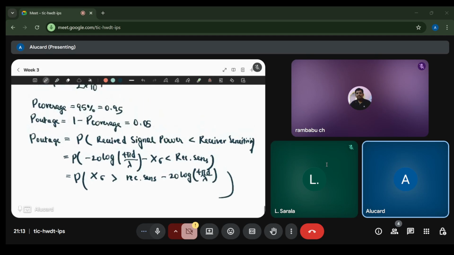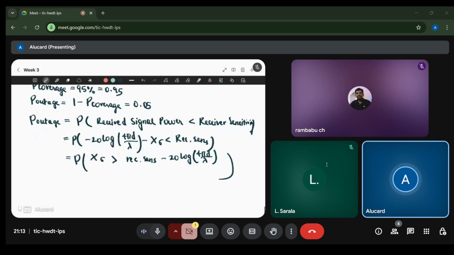Now, since X sigma has a log normal distribution, you can go and check in the class, we normalize this by the value of sigma, which is 6 dB.